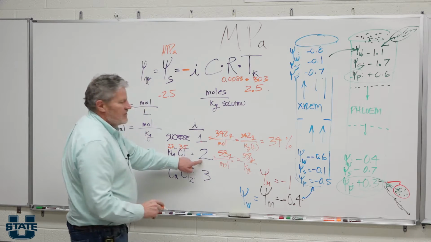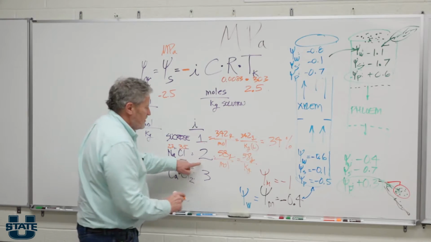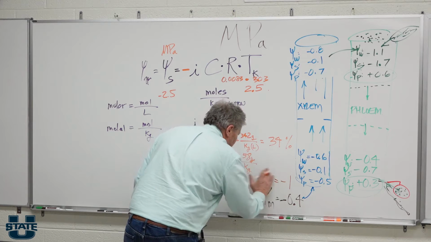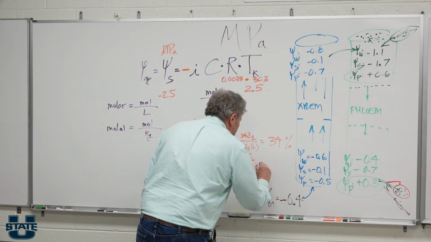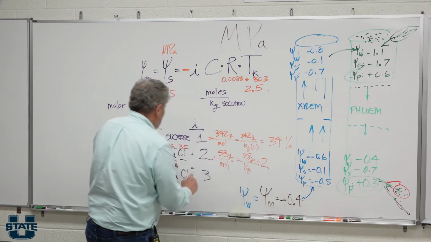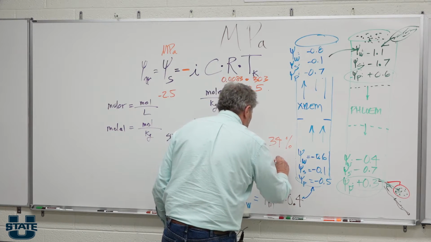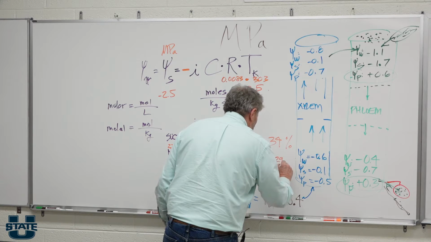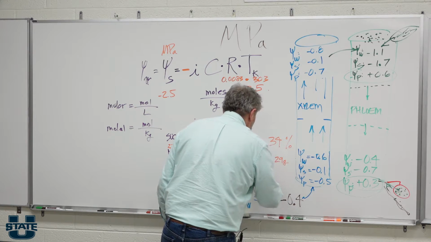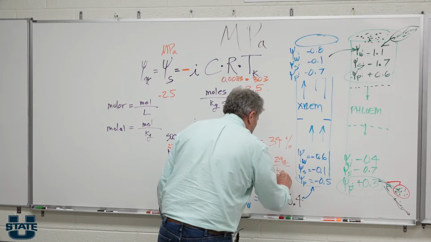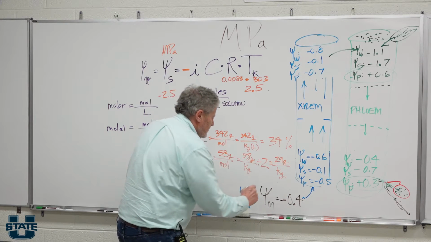But now look, the i is 2. So we get to divide this by 2 for the ionization constant, and this comes out to be 29 grams per kilogram. Look at this.